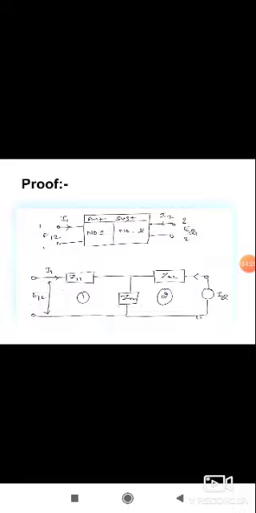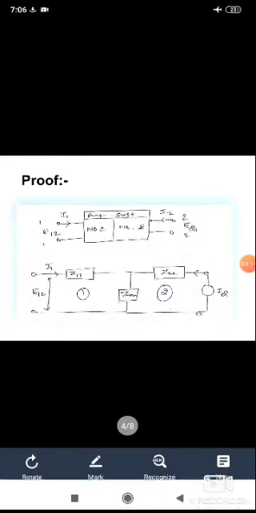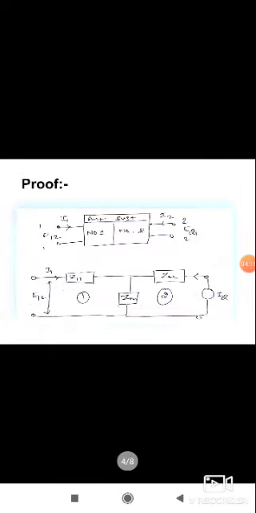The internal impedances at port 1 and port 2 are Z11 and Z22, and Zm is the mutual impedance between the two. You have to consider this mutual impedance also because they form a two-port network.